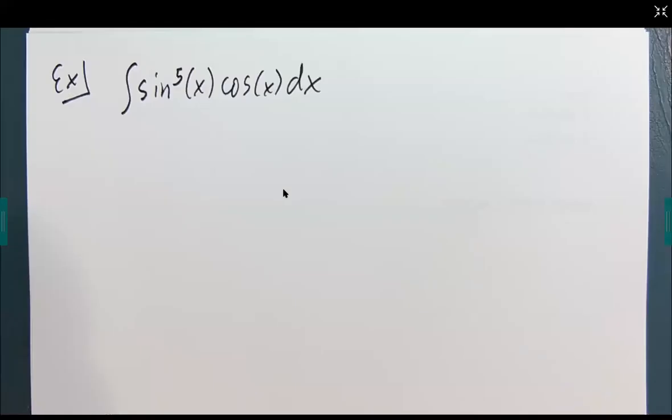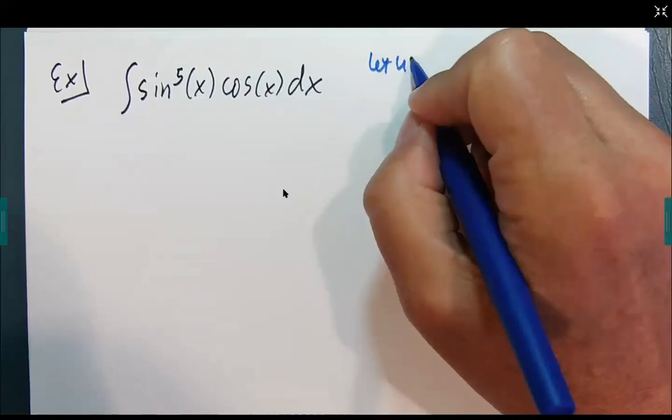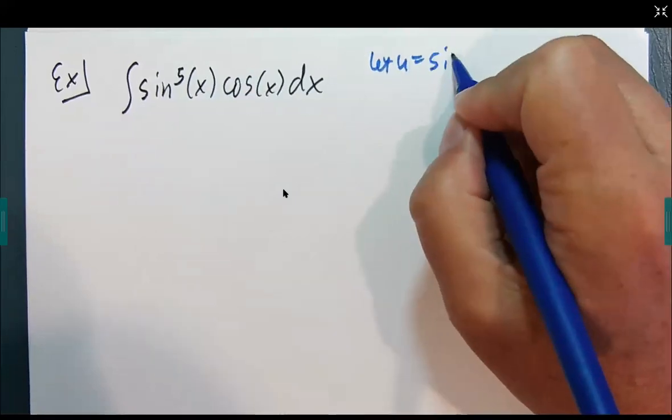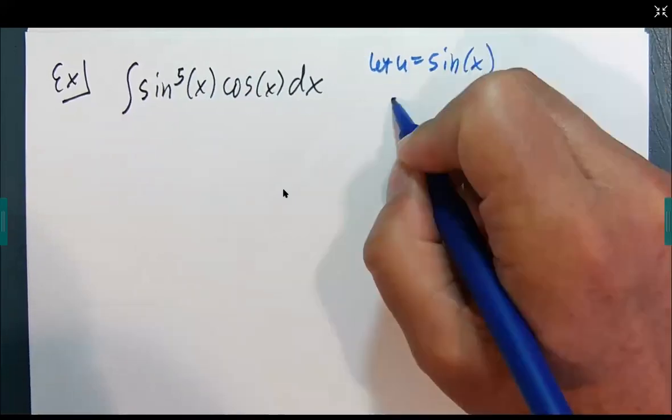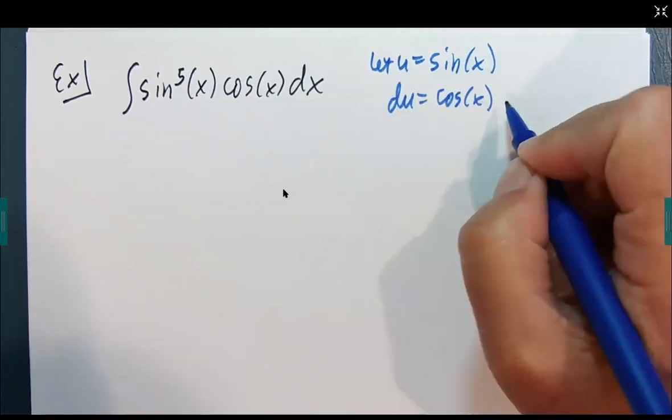And I'm going to start with this example here. And I'm hoping that you recognize that this is a simple substitution. Let u equal sine of x, which means du is cosine of x dx.